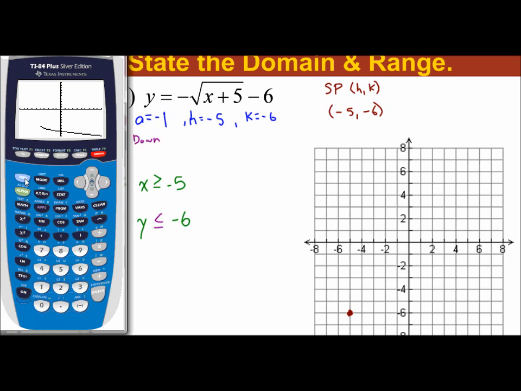So now let's do our table of values. And so our starting point is -5 for the x. And so I'm going to scroll up until I get to -5 for the x.